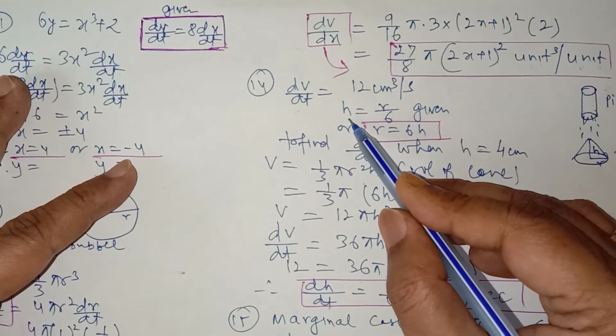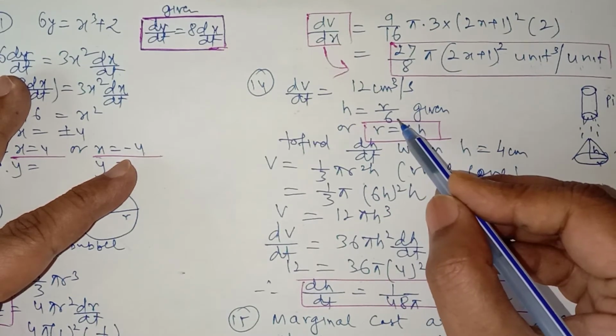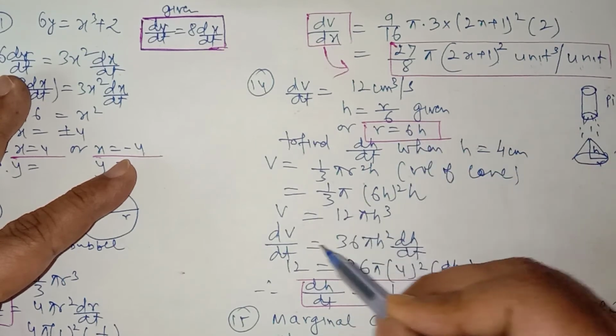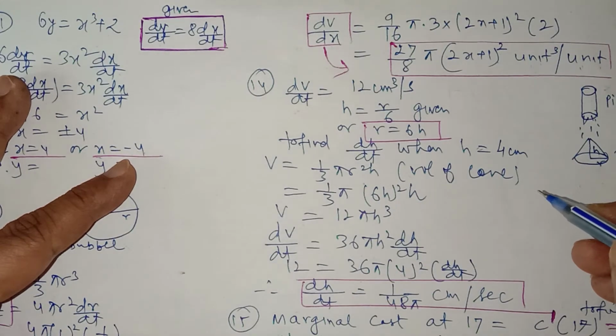You have to find the rate of increase of the height when the sand is coming out from that pipe.